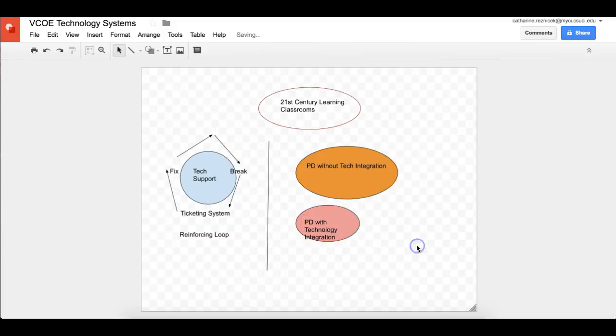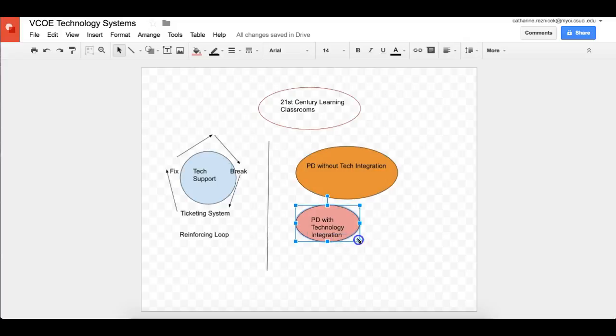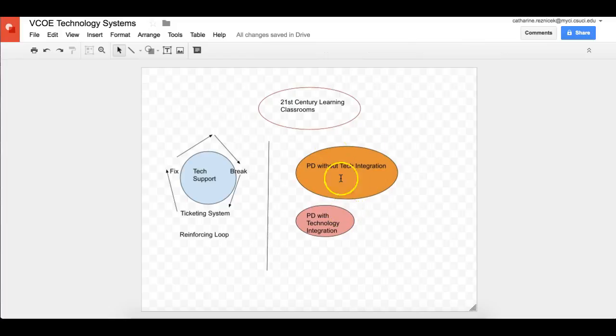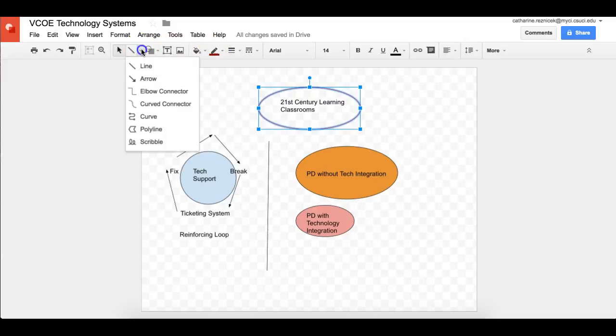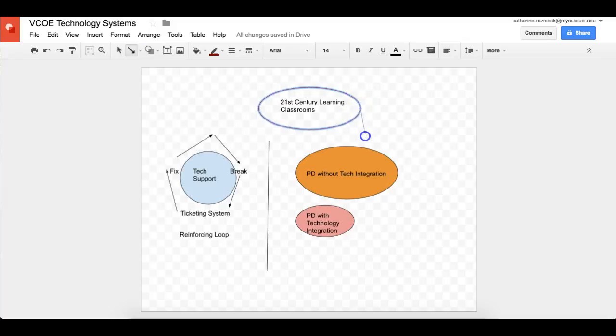I think that the PD with technology integration is diminished, or not diminished, that's probably the wrong word, is secondary. So it's secondary to this professional development. So that teachers, even though our aspirational goals are for 21st century learning classrooms, we spend more time here. This is like a bigger arrow.